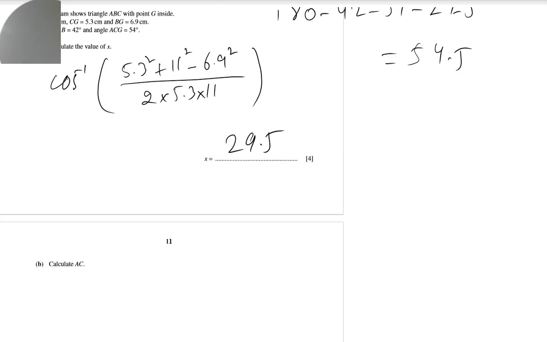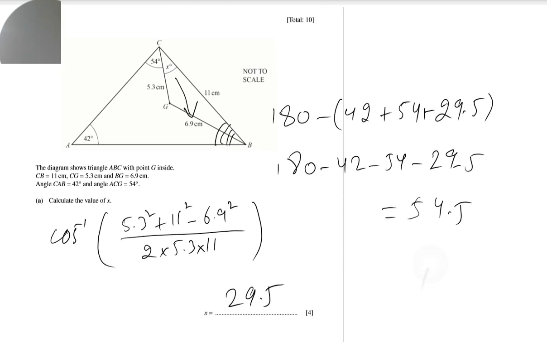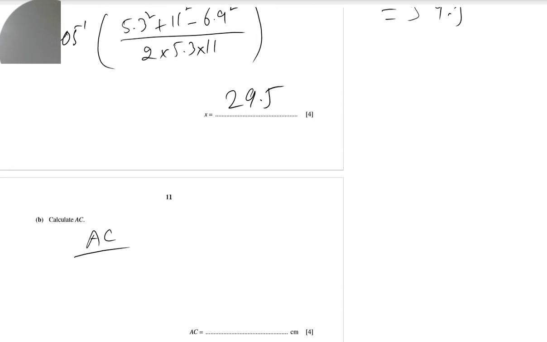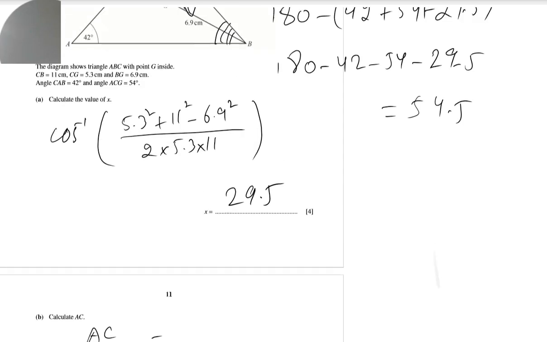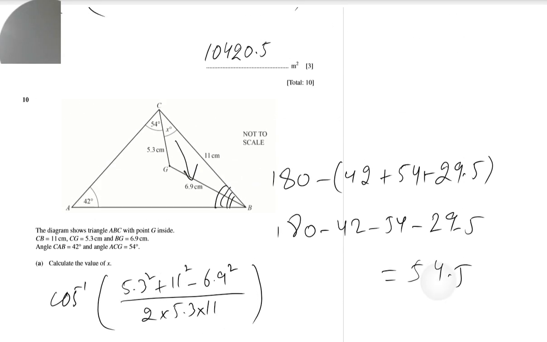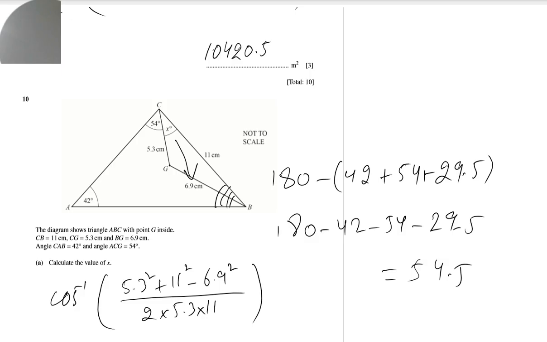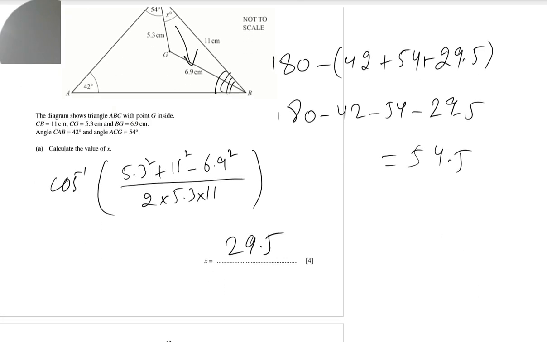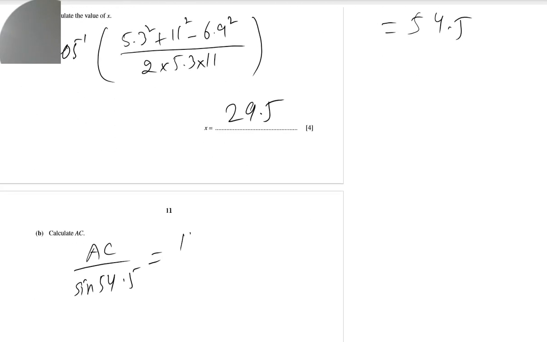So AC over sine of 54.5 would be equal to 11 over sine of 42.